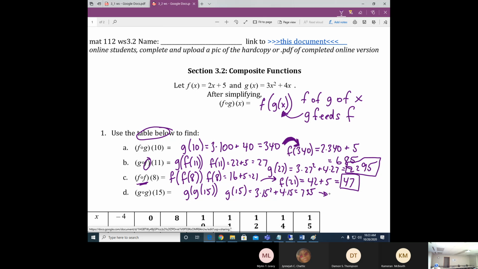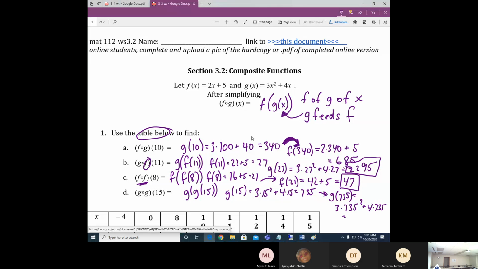Uh-oh, now it's going to get huge. Now, g of 735 equals 3 times 735 squared plus 4 times 735. Well, since I have my calculator, it's not that hard to do.